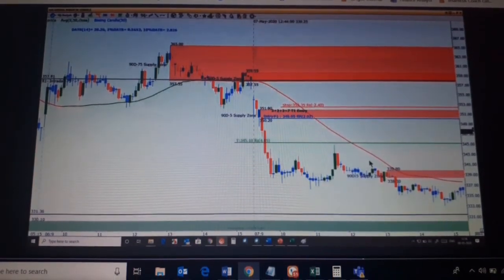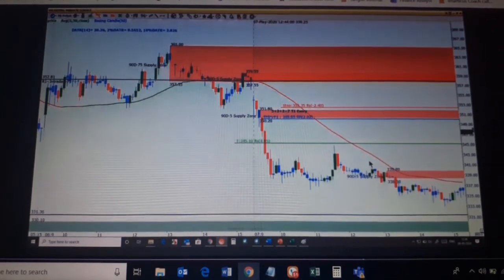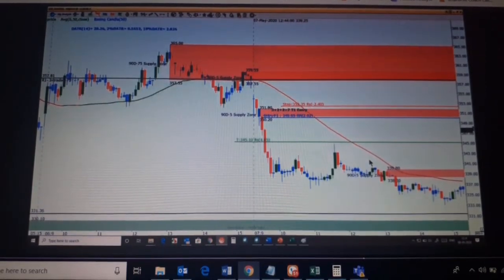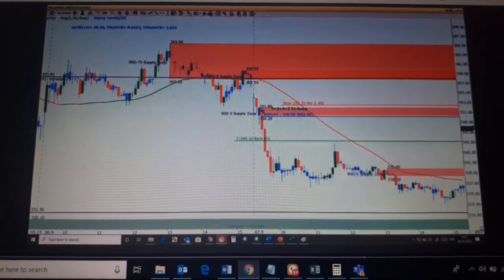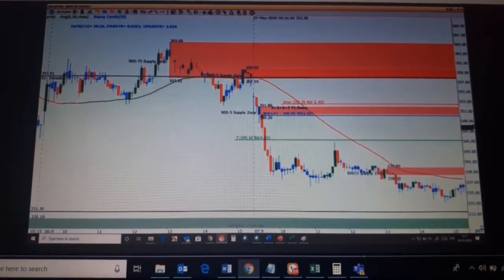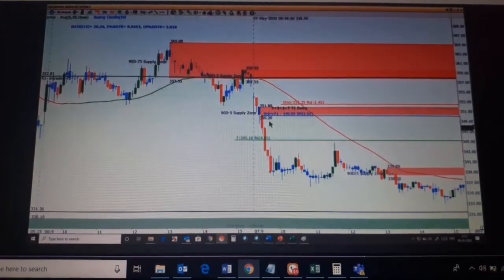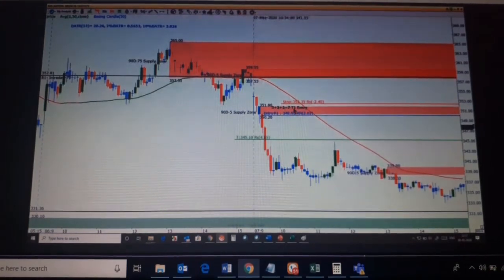Okay, so always remember that you mark your supply zone closer to your current market price. Now there could be something like this, that the score for this zone, let's suppose, was only 6 and the above score was 7.